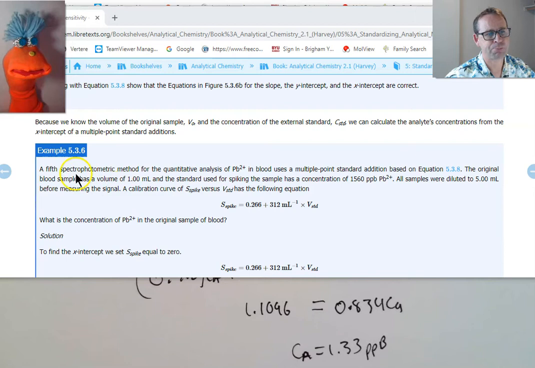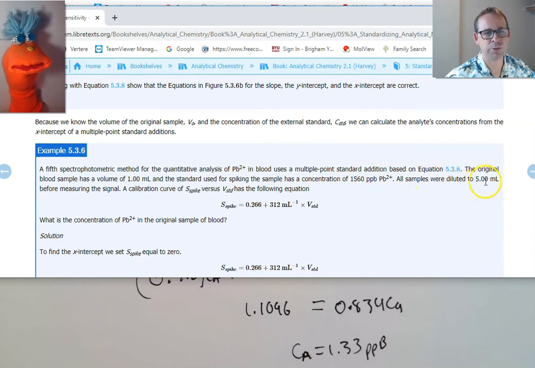All right, we used multiple point standard additions based on this equation, and the original blood sample had a volume of 1 milliliter, and the standards used for spiking the sample had a concentration of 1560 parts per billion.